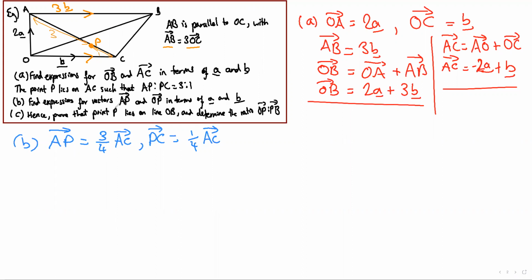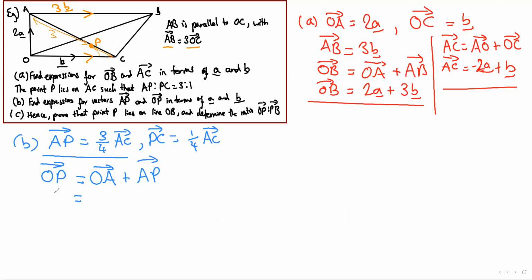And now it says find expressions for the vectors AP and OP in terms of A and B. Well, in fact, I've already found AP through that explanation. But OP, now, we can find OA to get back to this point, and we can go for AP, which we already know.